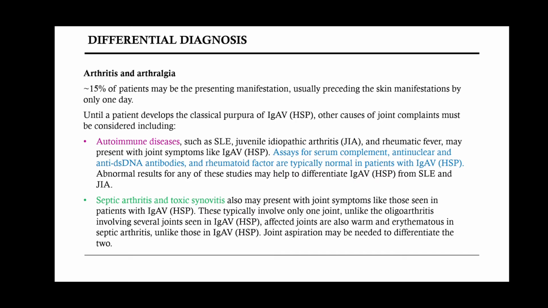These typically involve only one joint, unlike oligoarthritis involving several joints in IgA vasculitis HSP. Affected joints are also warm and erythematous in septic arthritis, unlike those in IgA vasculitis. Joint aspiration may be needed to differentiate the two.